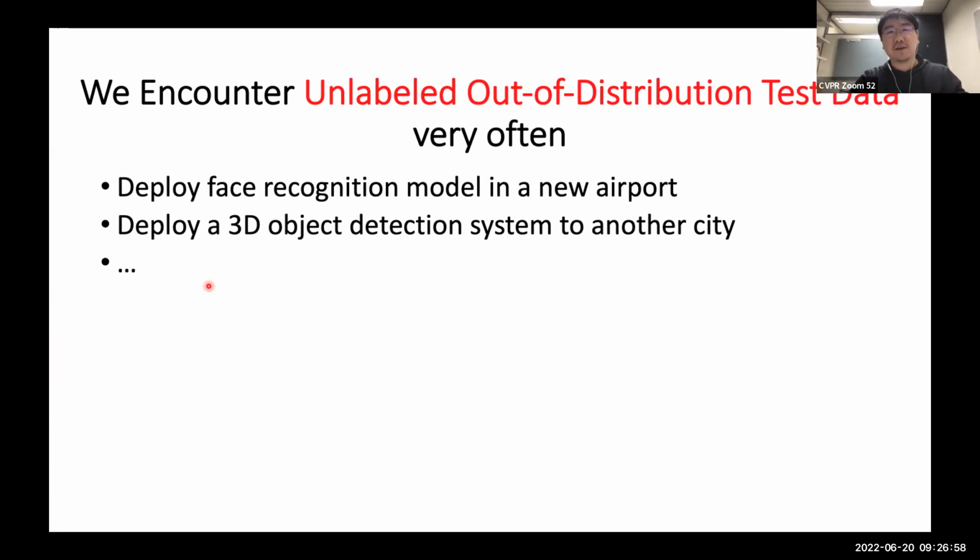We encounter this problem very often in computer vision applications. For example, we deploy a face recognition model in lots of new places. We deploy a detection system to lots of new cities. So we encounter this out of distribution, unlabeled test data very often.